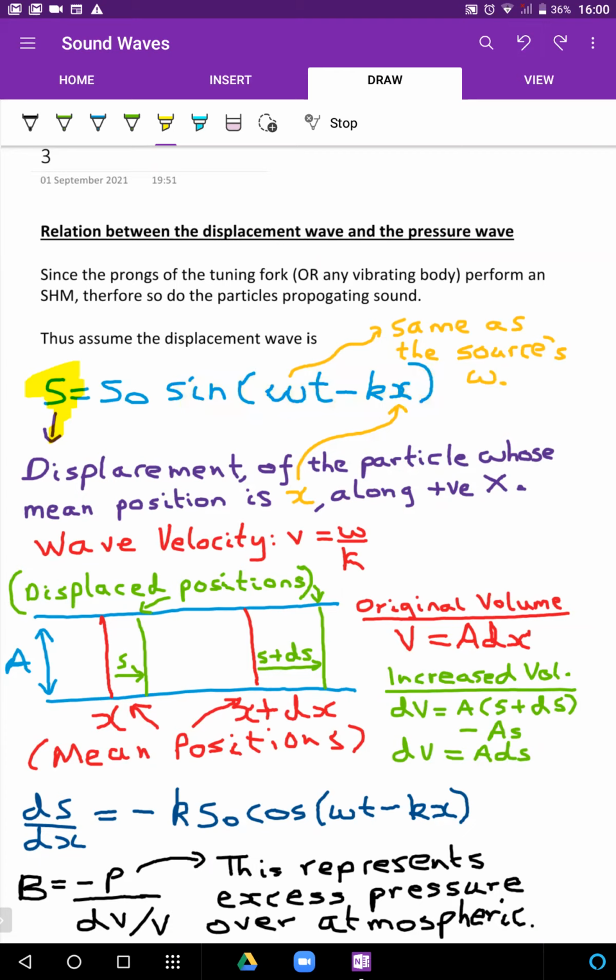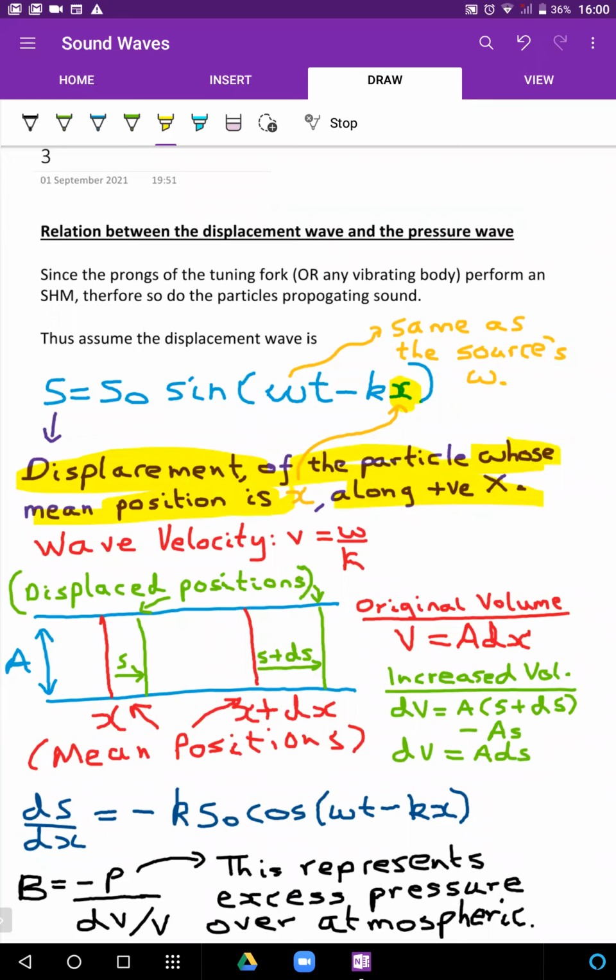Here, I've taken my x-axis along the direction of propagation, and S means the displacement of the particle whose mean position is x along the positive x-axis.